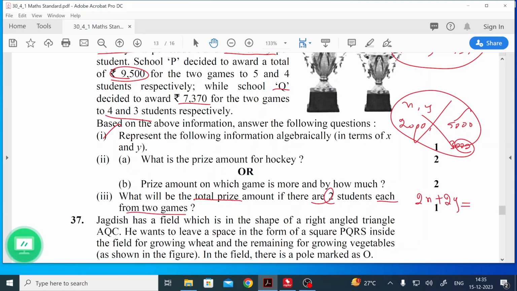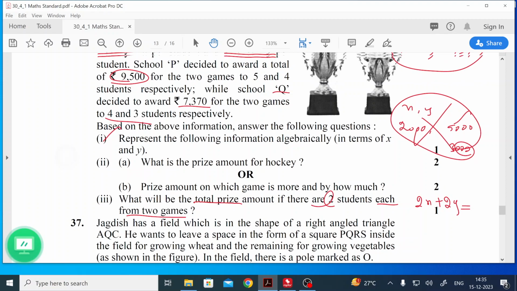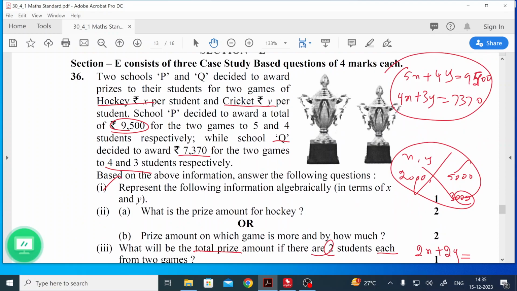Hockey 2 students, cricket 2 students, in the sense 2x plus 2y they are asking. After you find x and y, if you substitute there, you will be getting it. That's it. But you have to solve the equation. It is little bigger. You have to solve very carefully. Clear? I circled that equation there. Understand? Right. Next.